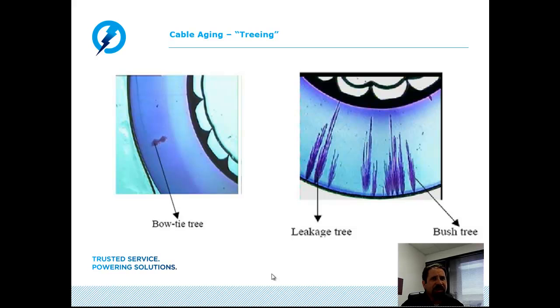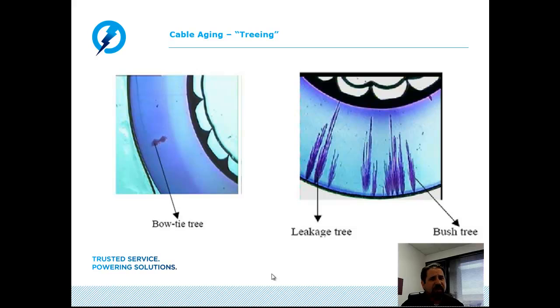These trees grow in the direction of the electric field and will grow in both directions toward the two electrodes. Bow tie trees have a faster initial growth rate as compared to the vented trees. However, the bow tie tree usually does not grow to a size significant enough to cause failure in the insulation.